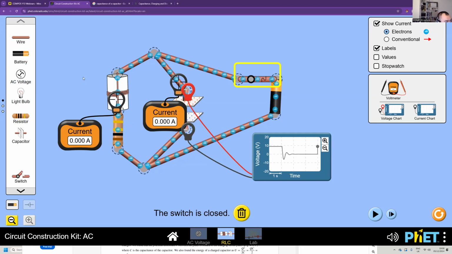You can have critical damping, you can have over damping, or you can have light damping.